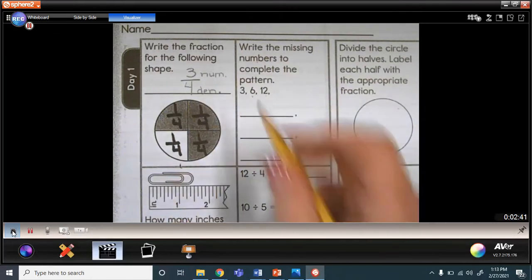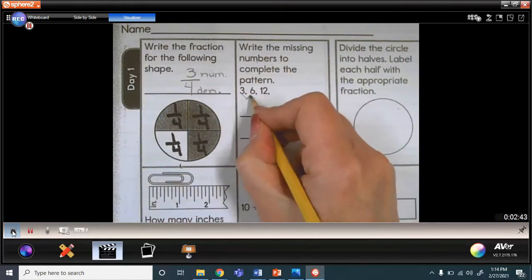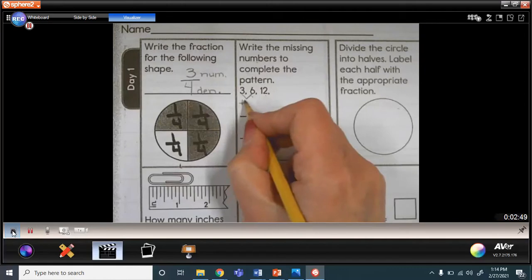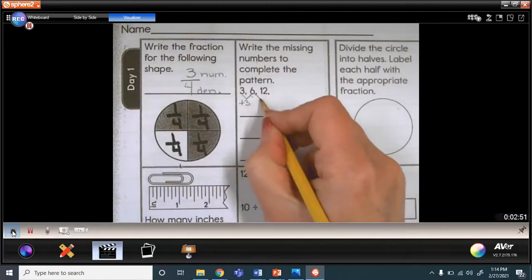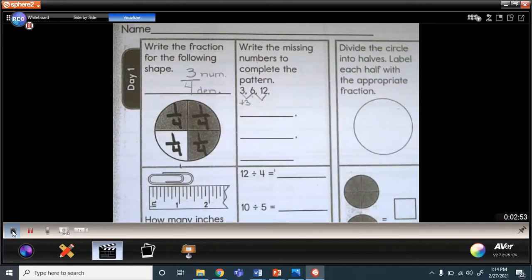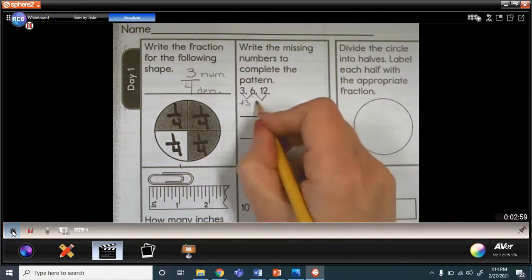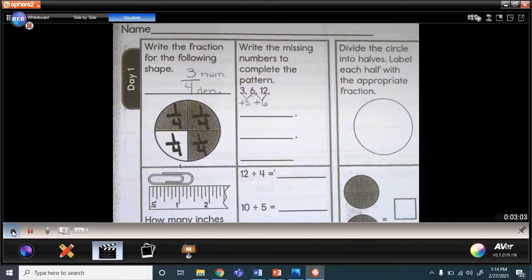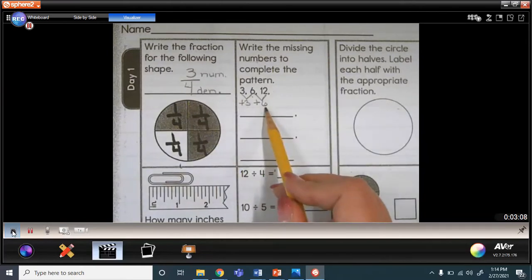So let's take a closer look. What happens when we go from 3 to 6? Well, we do add 3 there. But what happens when we go from 6 to 12? Well, it's 6. So it seems like to me that we're doubling each time we go.